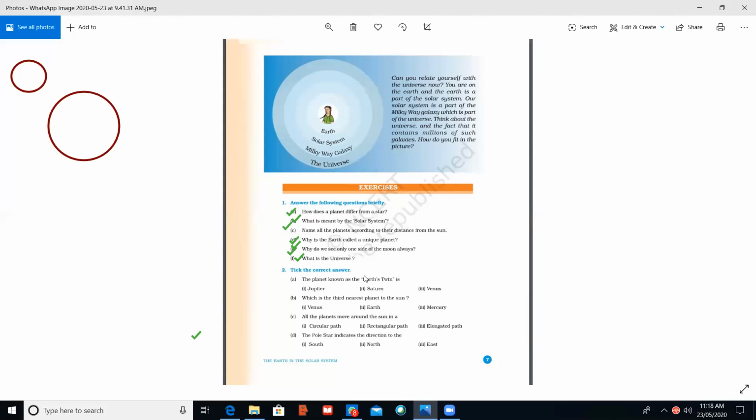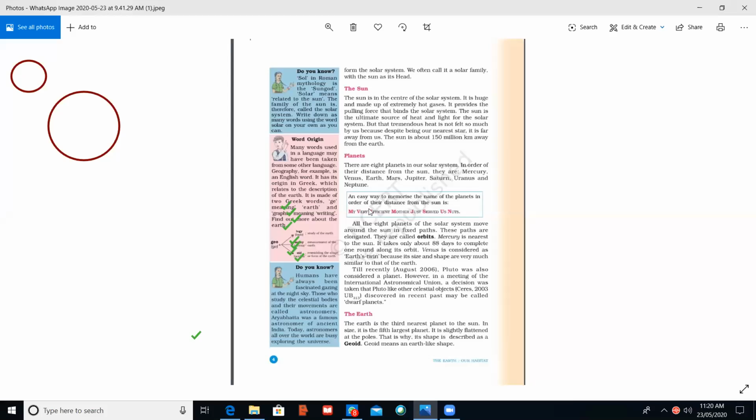A planet known as the Earth's twin. Which planet is called the Earth's twin planet? Anyone? Okay. Look over here.